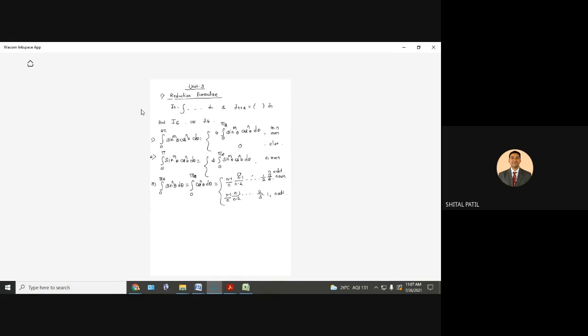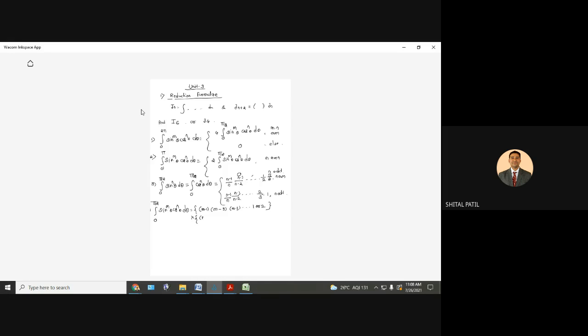Okay. Whereas formula number 4 is like this: integration from 0 to pi by 2, sin raised to m theta, cos raised to n theta, d theta. Okay. So here the formula is like this: subtract 1 from the m, m minus 1, then go on subtracting 2 from the previous number. So m minus 3, m minus 5, and so on until we get 1 or 2, into, this is numerator, into.